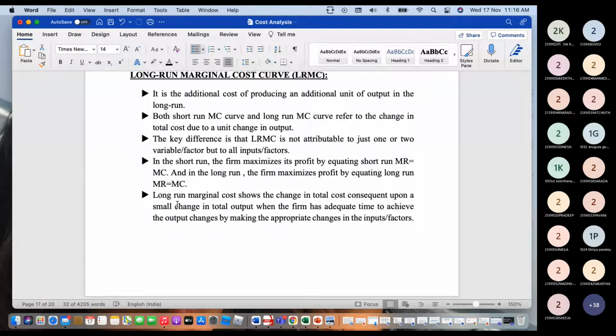Marginal, again and again I tell you, students, it is just an increase in one unit. Here you are talking about cost related to production. So if there is an increase in the level of output by 1 unit, what is going to be the increase in the cost? That is what we call marginal cost.